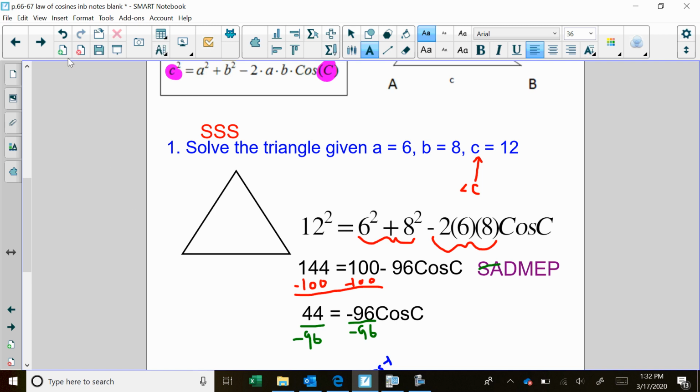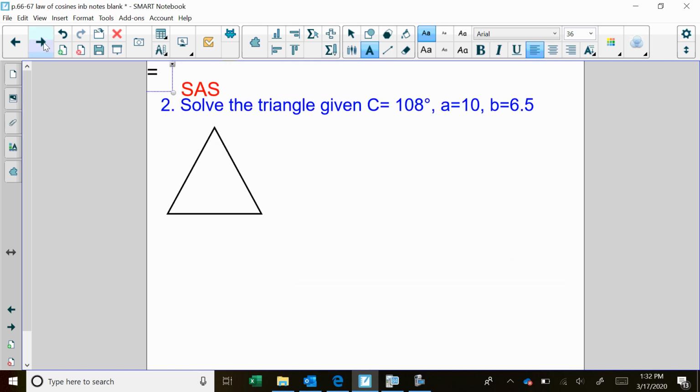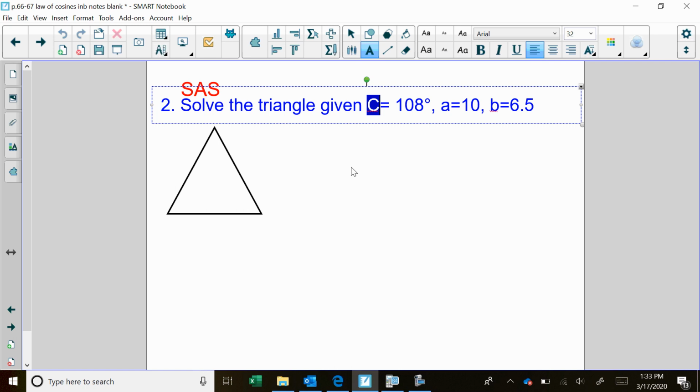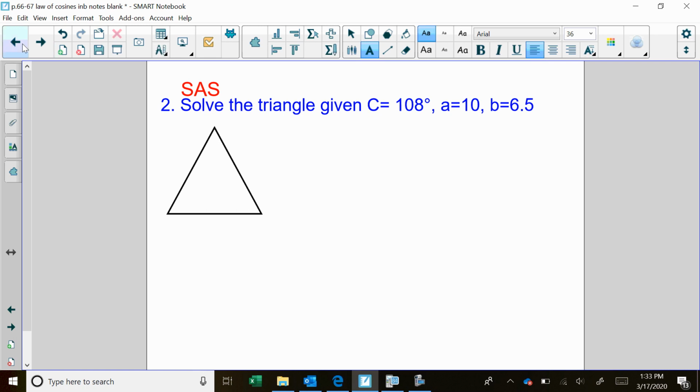So that's example 1. Example 2 involves a side-angle-side triangle, and this is actually a little bit faster. Find out what angle you have. You have angle C. So that brings us back to the same exact version of law of cosines that we had used.